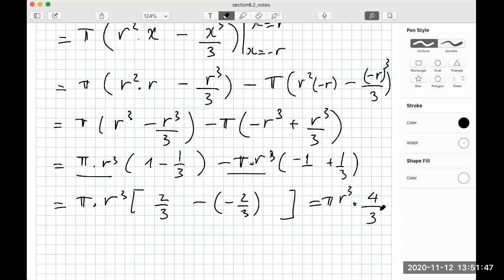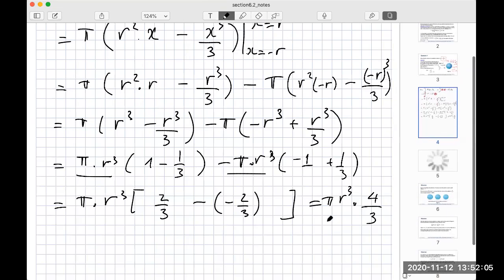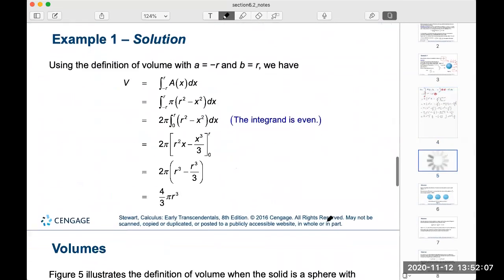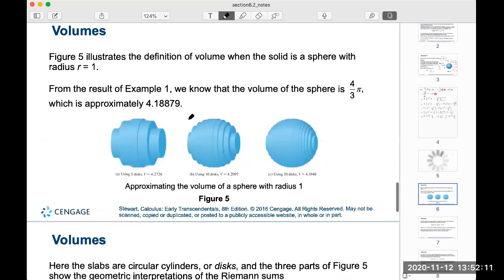So do you have any question about this? Very good. So it's clear, right? So if it's clear now, here you can see the solution. Double check it.